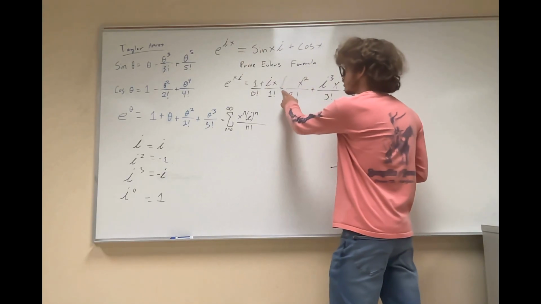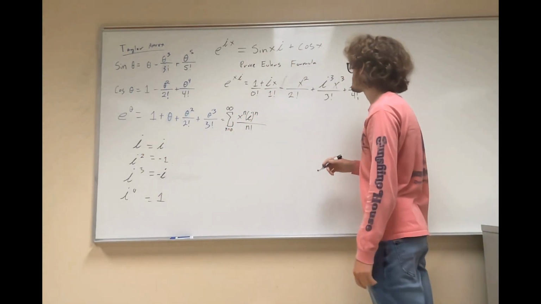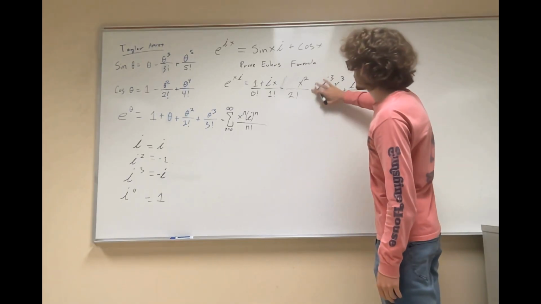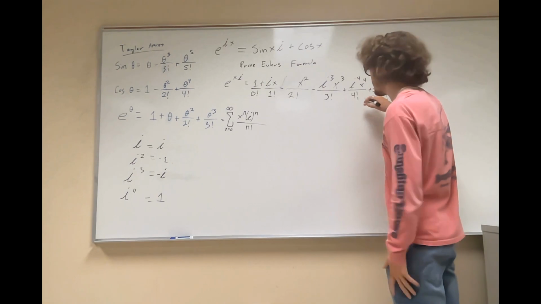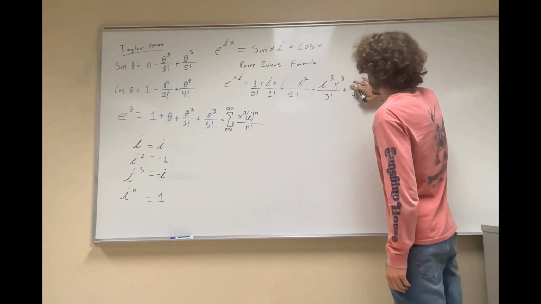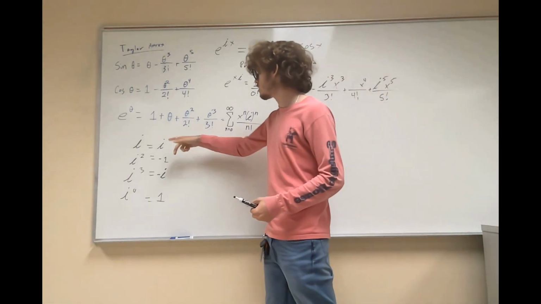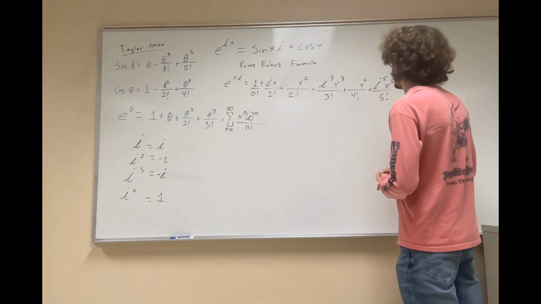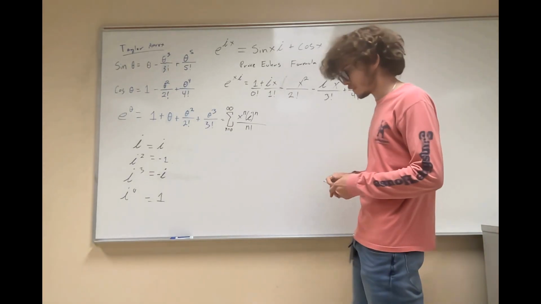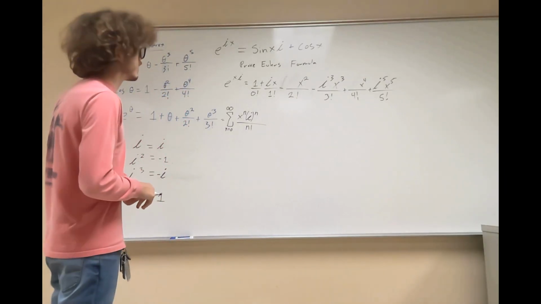For i to the third, we're just going to add a minus sign out here. i to the fourth, we're just going to call 1. And then i to the 5th is going to repeat, so this just becomes i. In this case, we're just going to keep it i to the 5th. Hopefully you follow what's going on here.